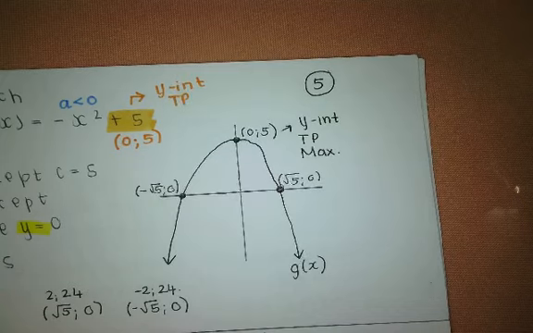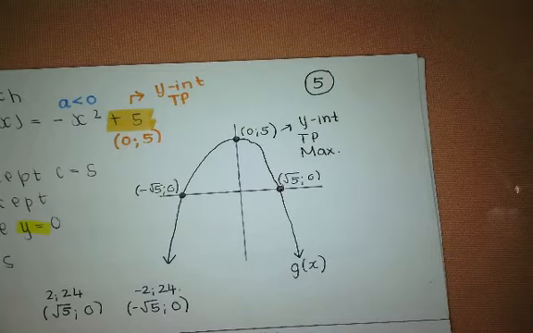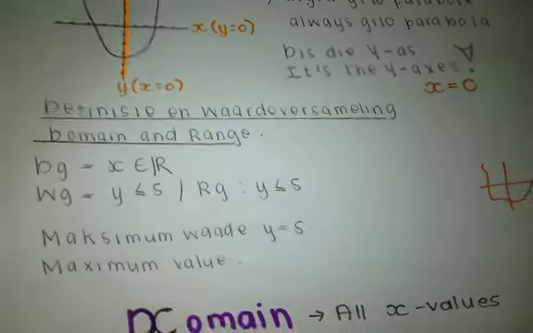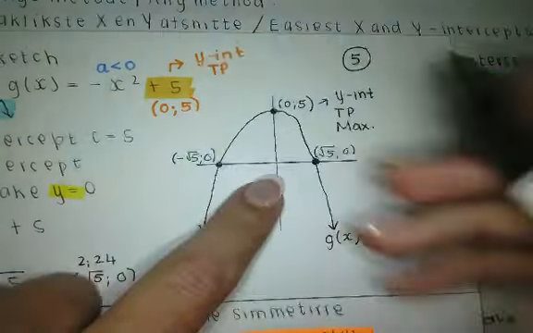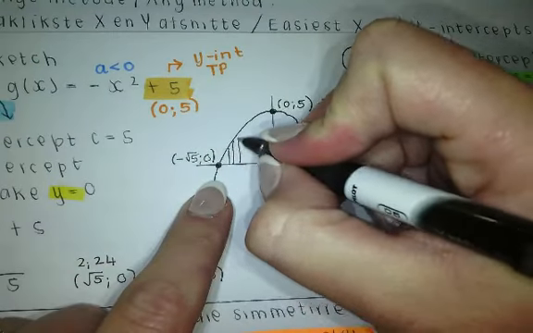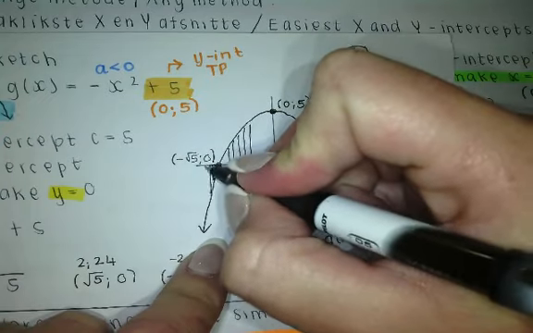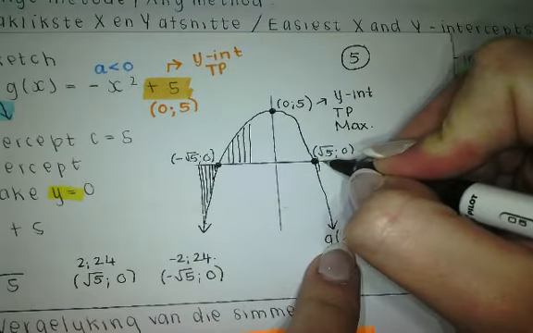So, do you agree with me that I can then say that for a quadratic equation, there are no restrictions on the x-axis? That means that our domain is going to be x is an element of real numbers. X can include any number on this graph. Why? Because any point on the x-axis will lie on the graph, and this thing's carrying on up to infinity in both directions.